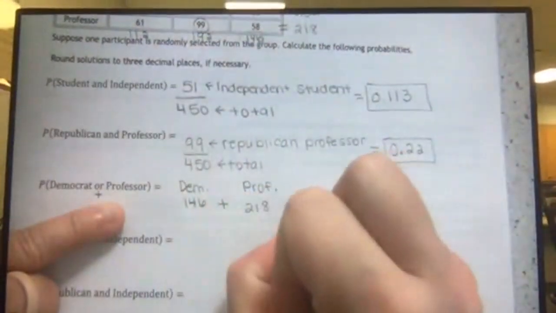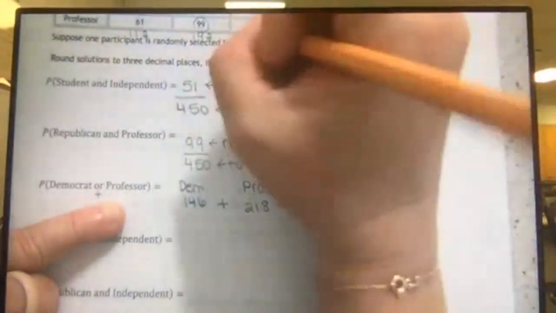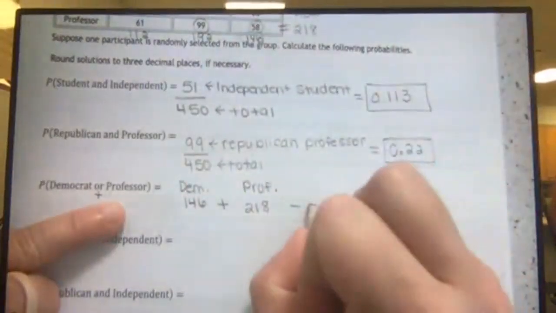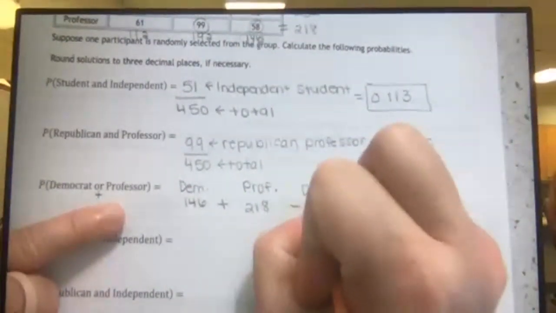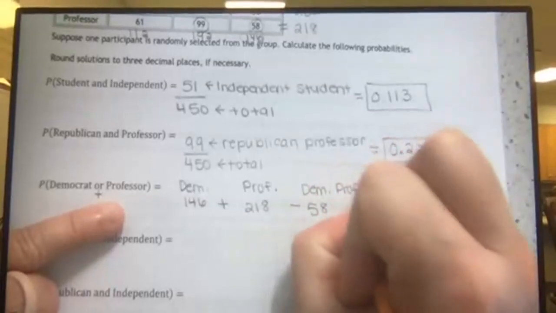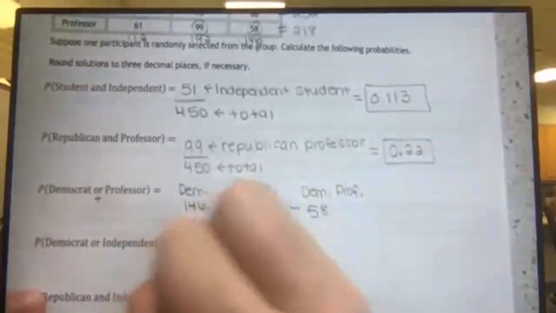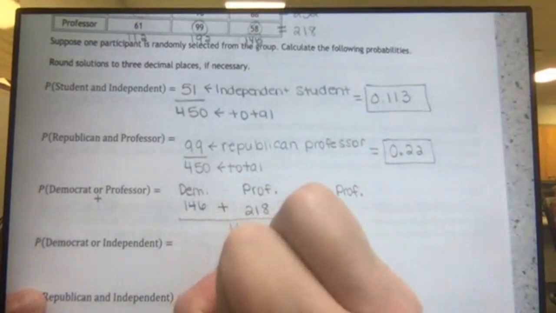Professors total was 218, minus Democratic professors, which was 58, out of our total 450.